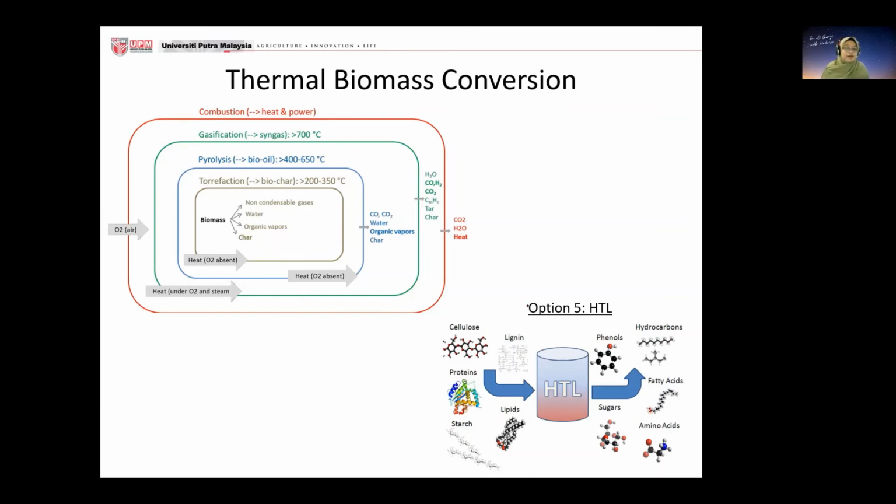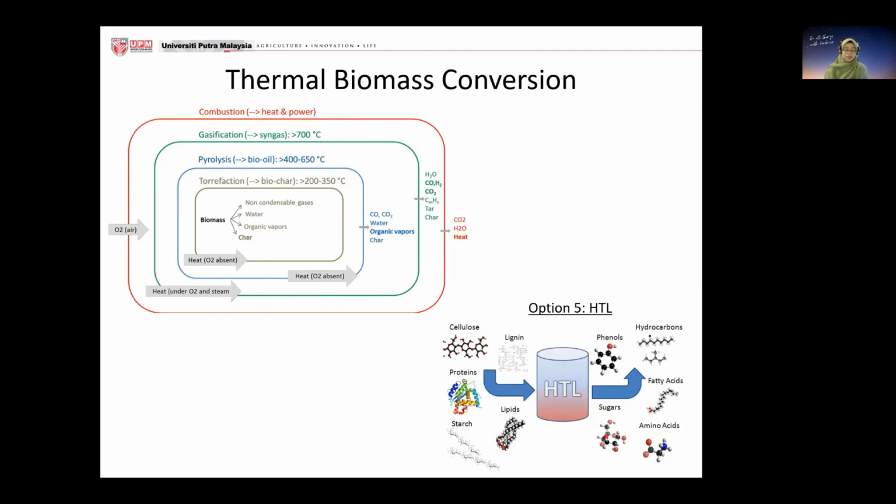And lastly, we have the 5th option, which is the HDL. In HDL, actually, it is an emerging technology where you have your biomass and you can produce different types of hydrocarbons. This is very interesting if you look at producing fuels for transportation.